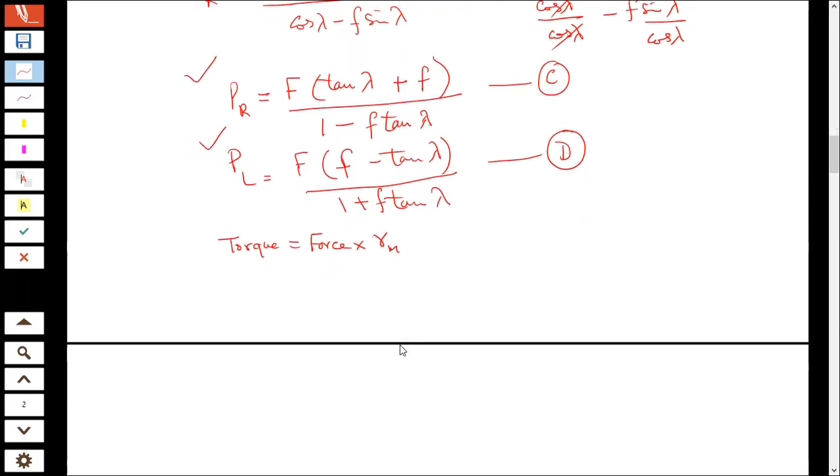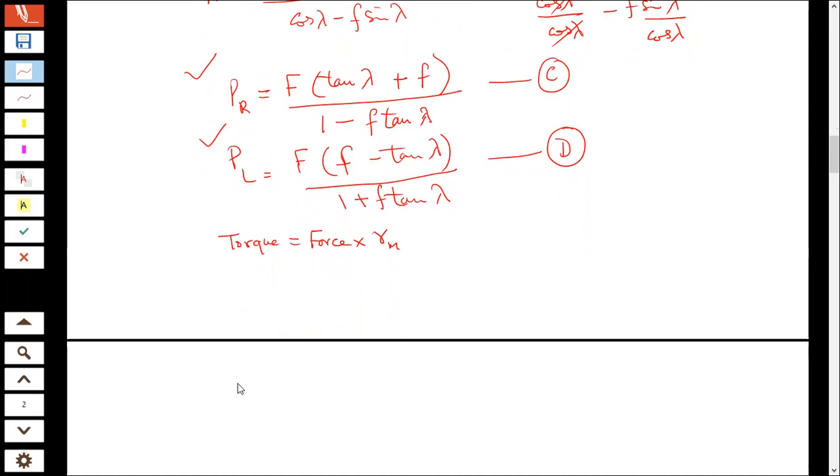Instead of writing equation C in that form, I can take my P R and convert that to torque, the torque required to rise the load, which will be equal to P R times dm by 2, which is the radius.